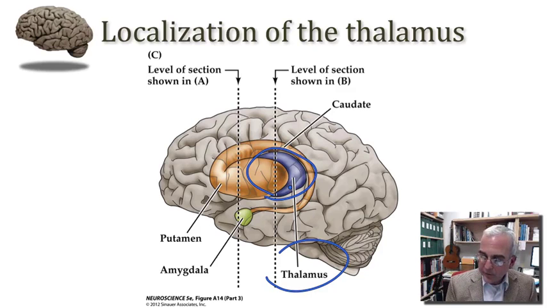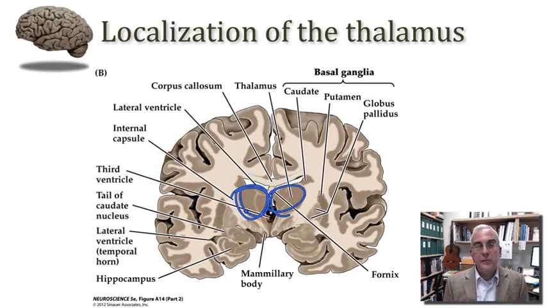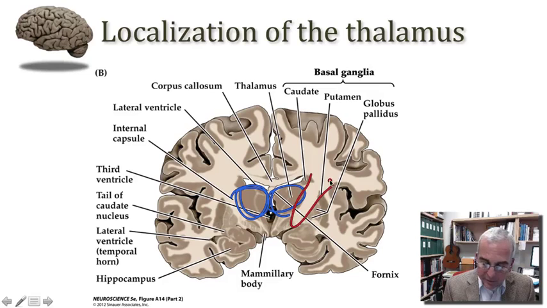So if we were to look at some cross sections, what we would discover is that the thalamus sits as something of an egg-shaped structure near the midline, but also very near the center of the forebrain. And just to the lateral aspects of the thalamus is a big bundle of white matter known as the internal capsule.